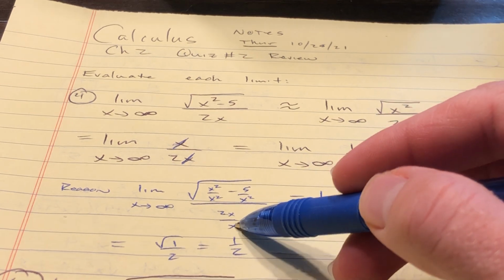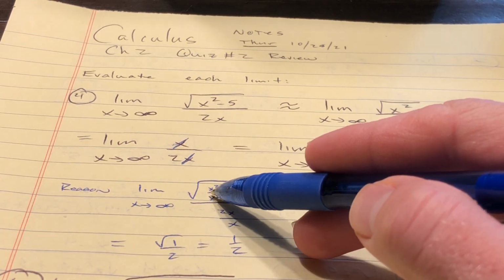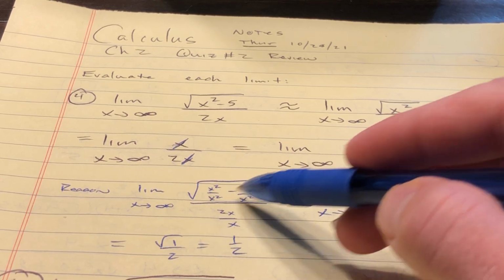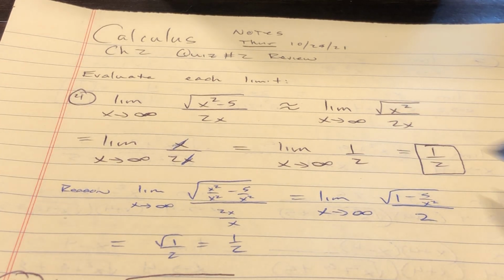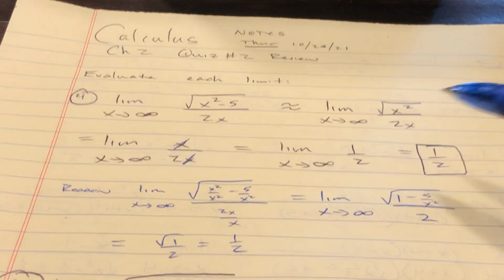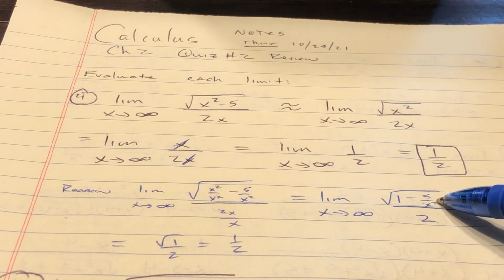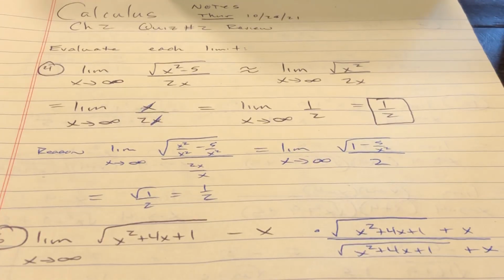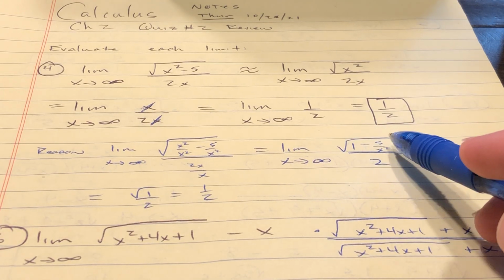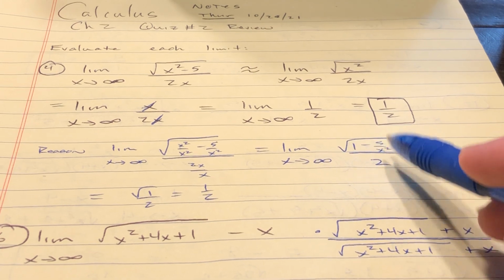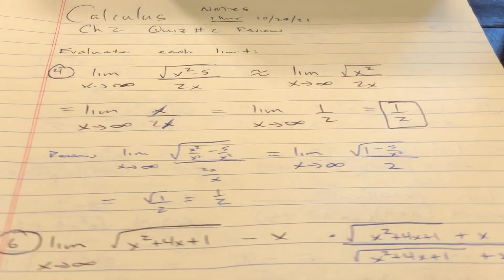So if I divide by x in the denominator, everything in the numerator, because it's inside the square root, needs to be divided by x squared. Because again, the square root of x squared is actually x. So when I do that, I'm left with the square root of 1 minus 5 over x squared in the numerator, all over 2. Now I let x go to infinity, and negative 5 over infinity is 0. So then I'm left with the square root of 1 over 2, which is 1/2.